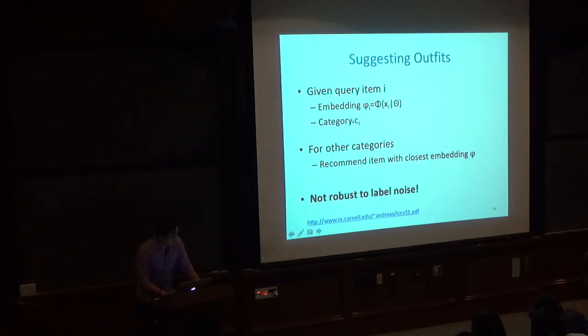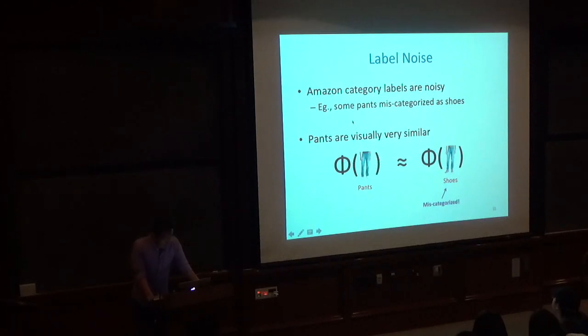Now, it should come as no surprise that there is a non-trivial fraction of items that are miscategorized on Amazon, and this would be true for a broad range of e-commerce and online services. So some pants get misclassified as shoes, okay?